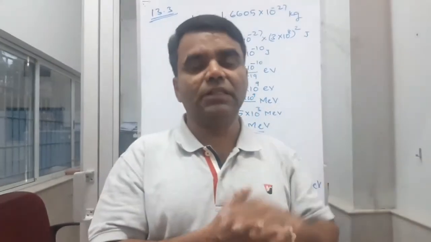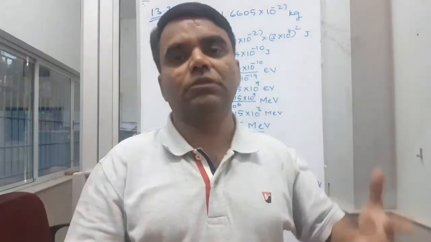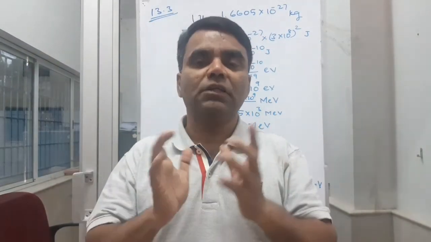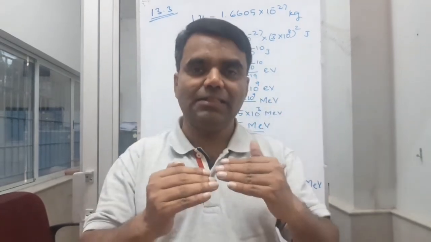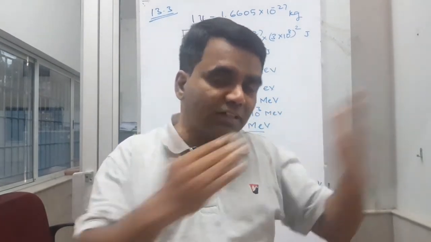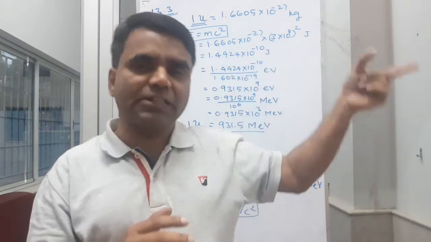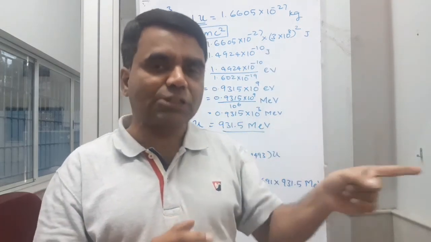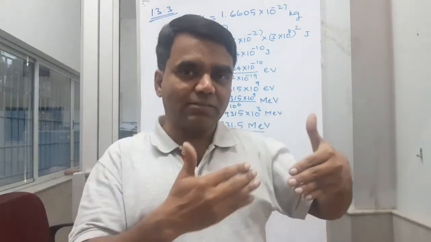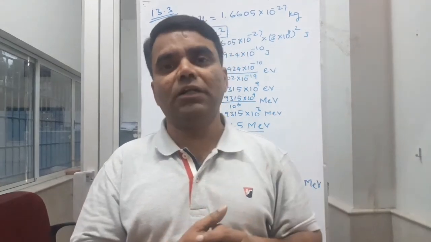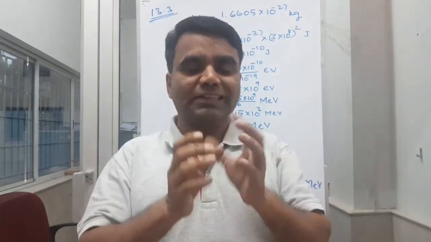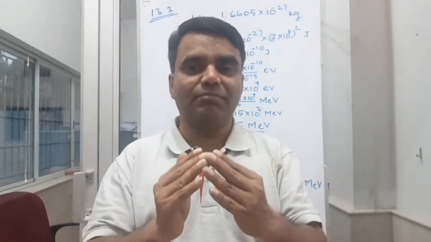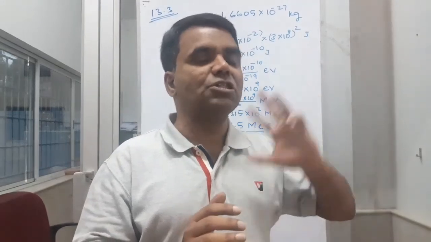But when you actually weigh the nucleus, you get a mass which is less than the calculated mass. This difference between the expected and the actual value is called the mass defect, delta M. It should have been there, but it is not there.